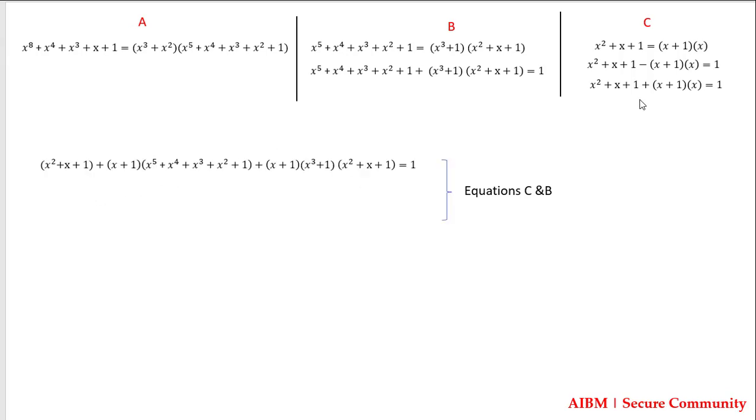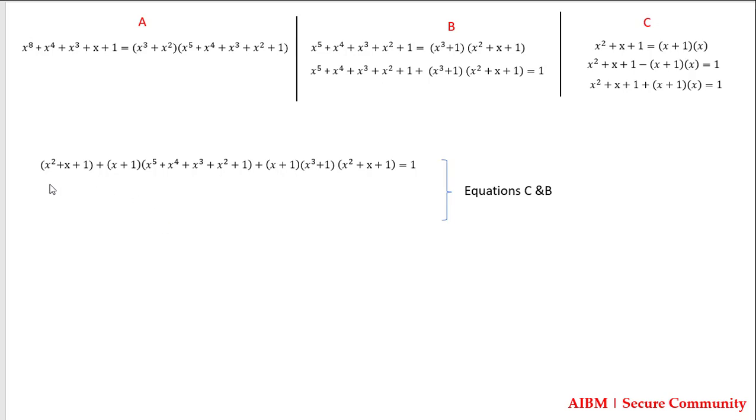So after substituting the C equation with the B equation, the result will be like this: x^2 + x + 1 plus (x + 1) multiplied by (x^5 + x^4 + x^3 + x^2 + 1 plus (x + 1) multiplied by x^3 + 1 multiplied by (x^2 + 1 + 1)) equals 1.